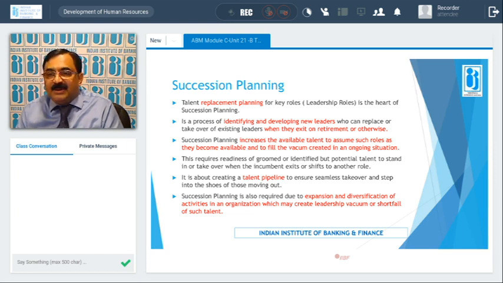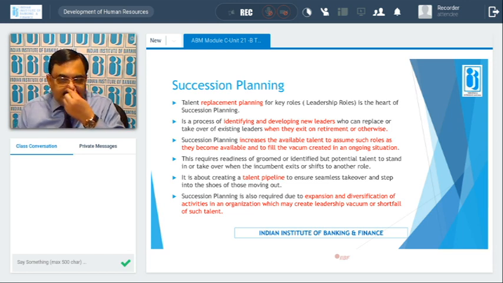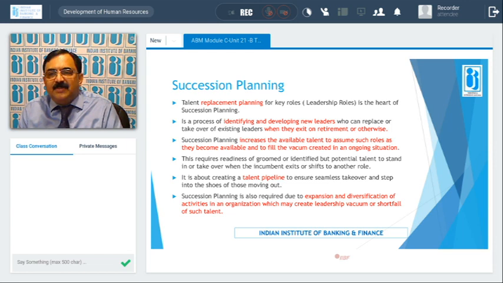It can also happen that the talent will leave because when they retire or when they move from one role to the other and there is a vacuum created in the other role. So talent replacement planning for key roles, which is mostly in the category of leadership roles, is the heart of succession planning. So we say succession planning is also known as talent replacement planning, particularly for key roles.